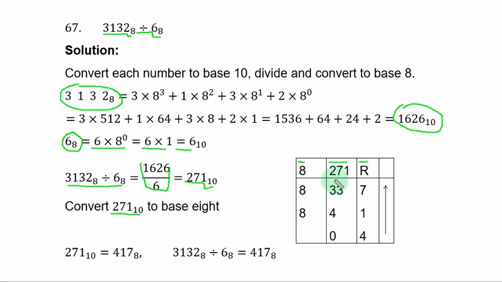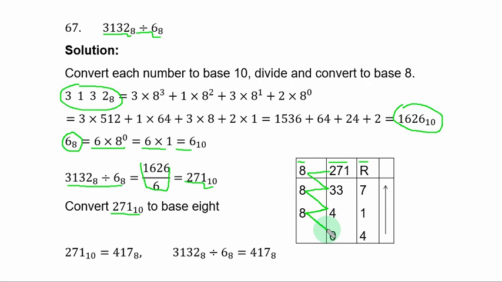So if you divide 271 by 8, you have 33, remainder 7. If you divide 33 by 8, you have 4 remainder 1. Divide 4 by 8 cannot, that means 0 remainder 4.